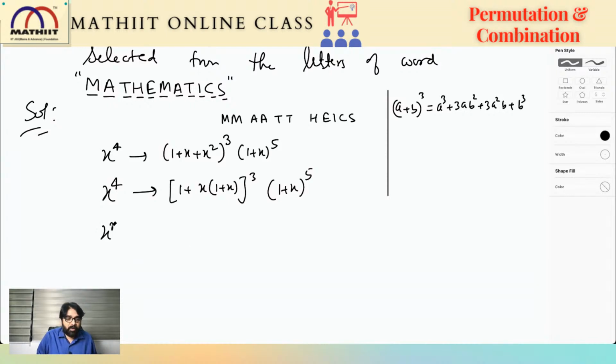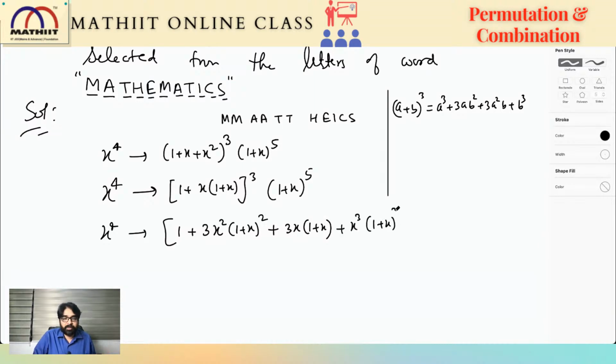(a plus b) whole cube is a cube plus 3ab square plus 3a square b plus b cube. So for x power 4, expand this: 1 cube means 1, plus 3x square into (1 plus x) whole square, plus 3x into (1 plus x) whole cube... plus x cube into (1 plus x) cube.